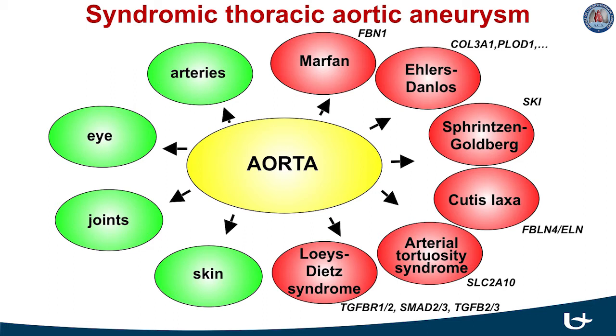Most prominently, the eye, for example, lens dislocation in Marfan syndrome, the joints and skeleton with overgrowth characterized by pectus deformities, scoliosis and arachnodactyly, and joint hypermobility, and finally the skin with skin hyperextensibility and skin striae.